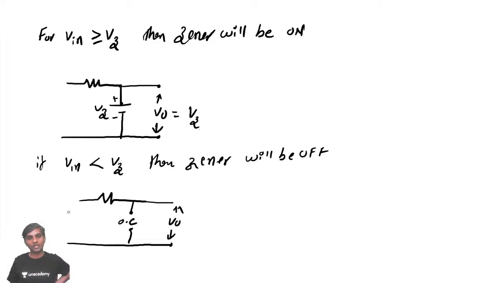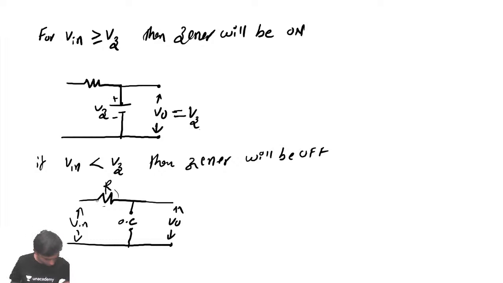You need to calculate the voltage drop across R and the V input voltage. But whenever the Zener diode is operating in the breakdown region, it acts as a load voltage of VZ. So the output will always be VZ.